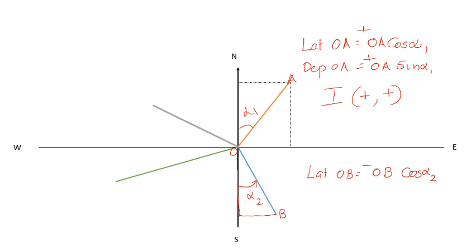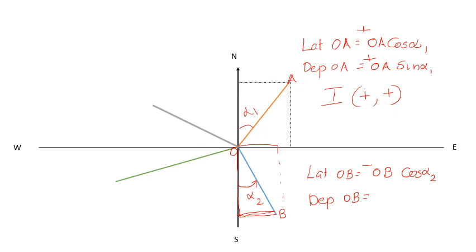Southing is negative. Then how to calculate the departure of line OB? Departure is the projection of this line OB along the east-west direction. So this length will be the departure.